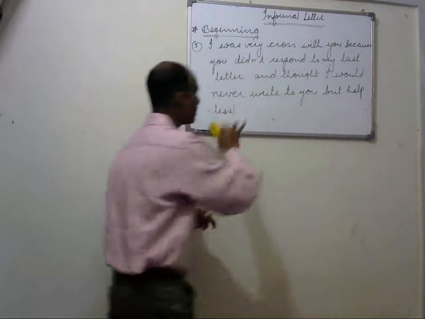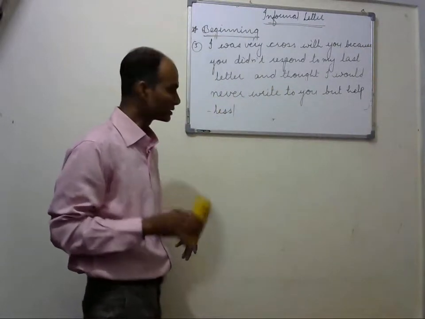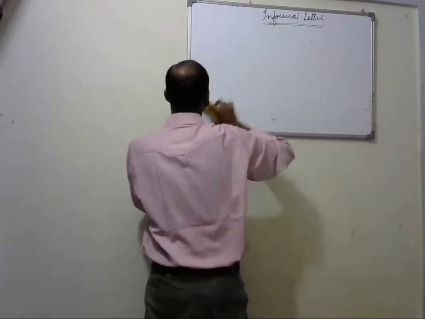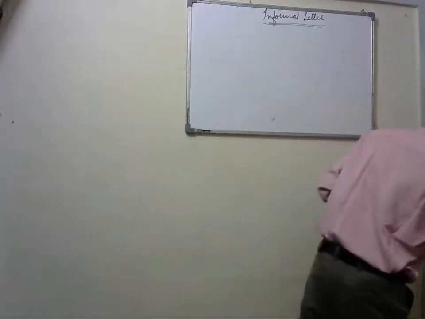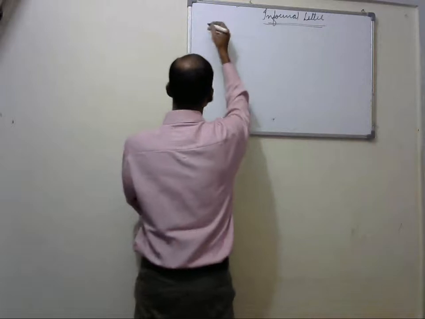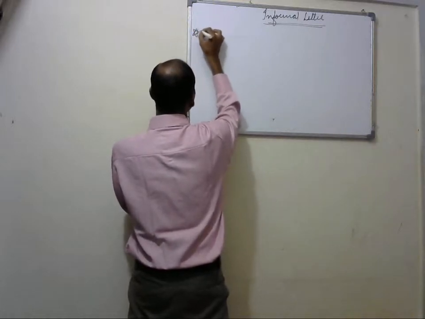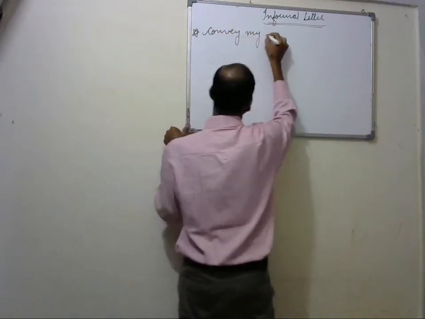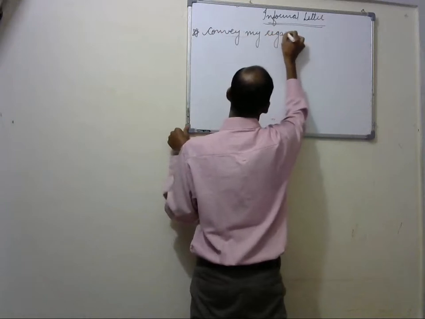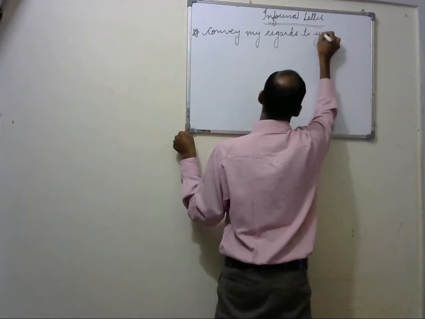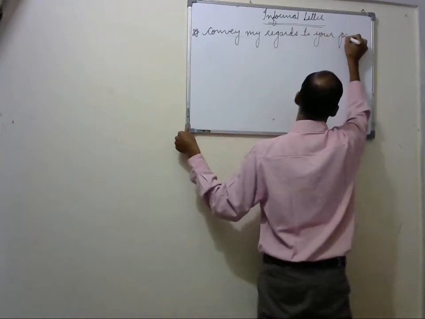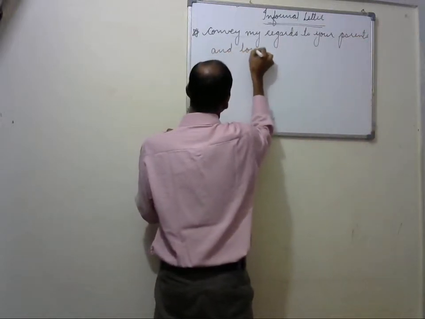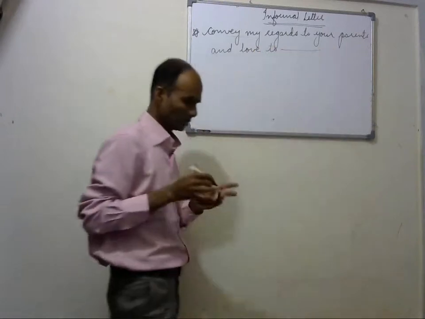Now, how to end an informal letter? So you know the usual ending of an informal letter, you close it like, convey my regards to your parents and love to the younger ones.